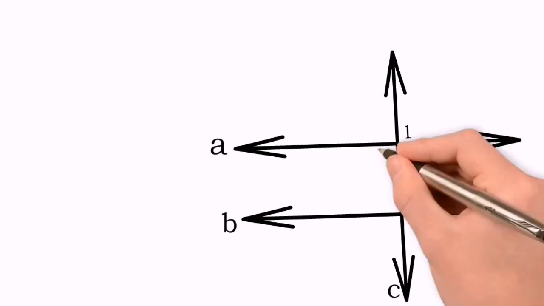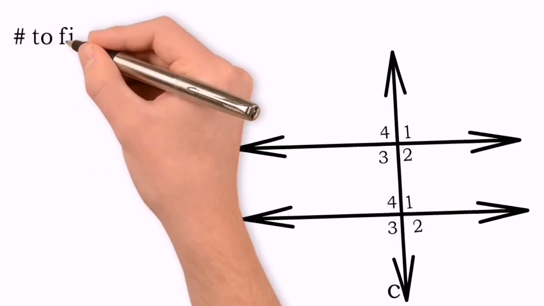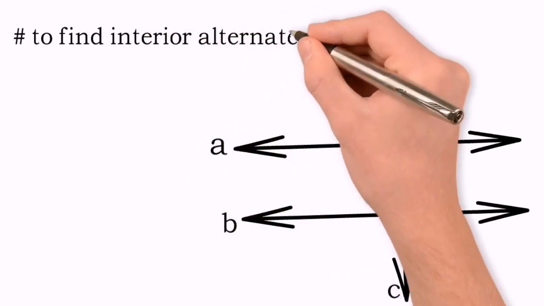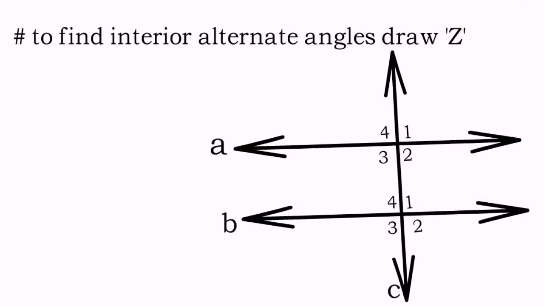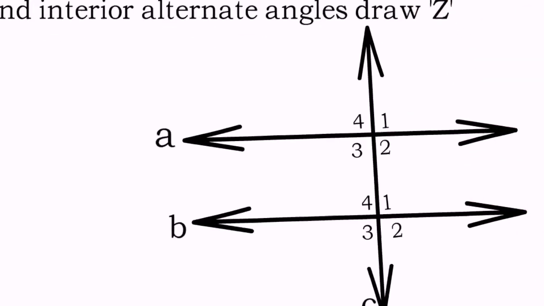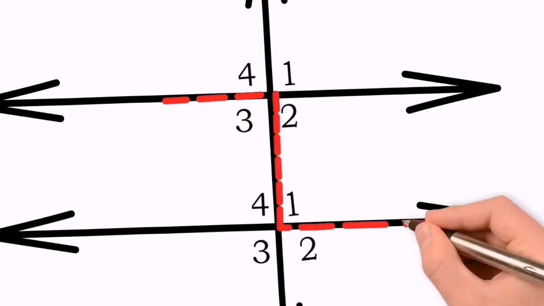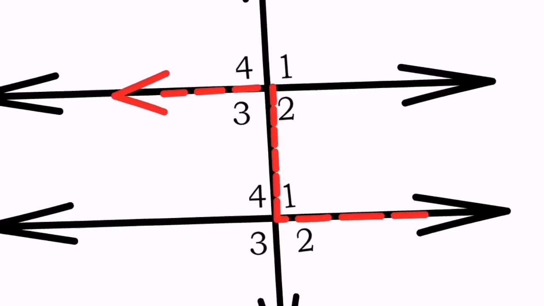Now the third one is alternate angles, and let's try to find them. The numbering pattern will remain the same and the lines are the same, right? To find the interior alternate angles, I repeat again, interior alternate angles, we have to draw the letter Z in the diagram, and see how the letter Z is drawn. I hope it will be very easy for you to draw it in the question.